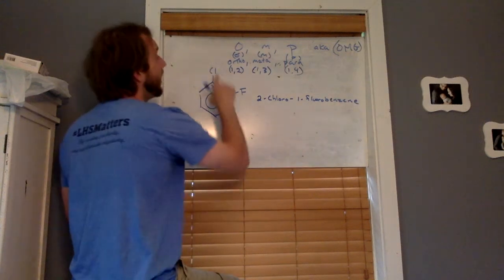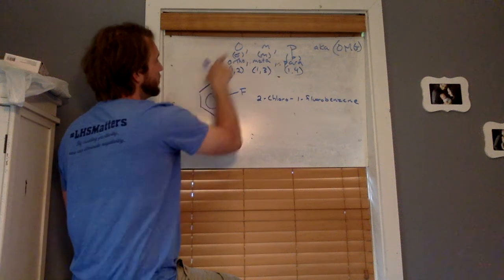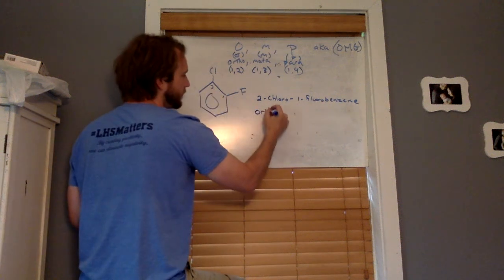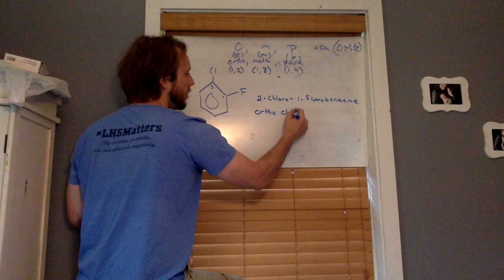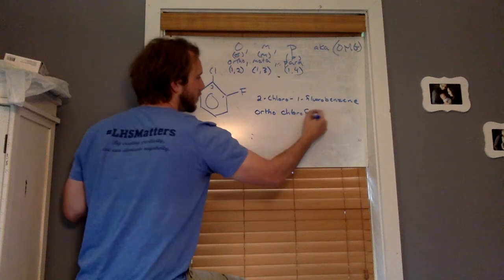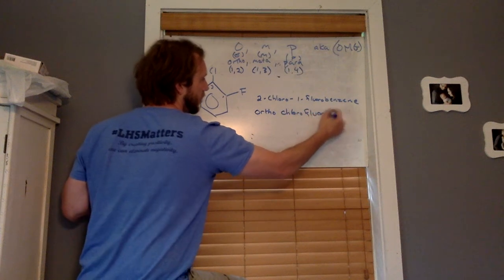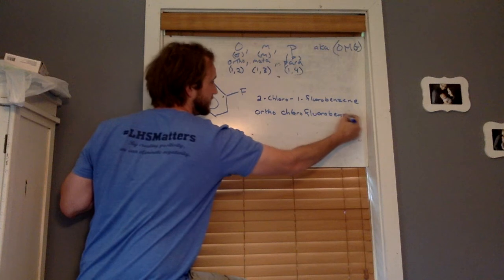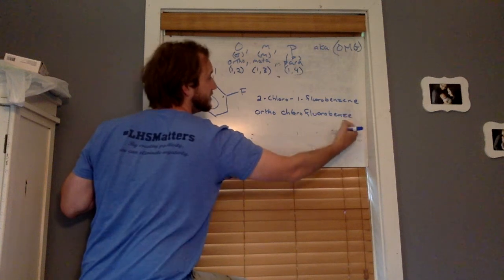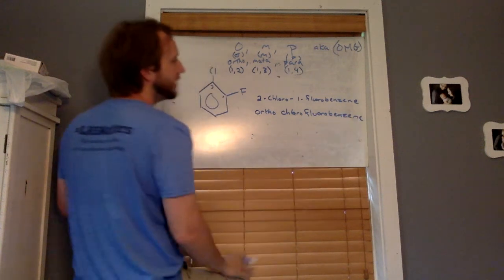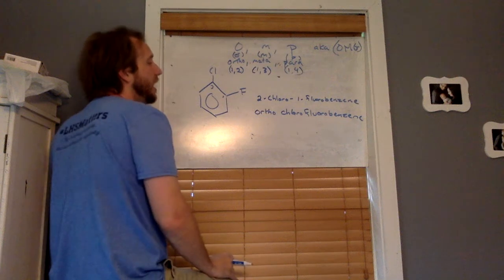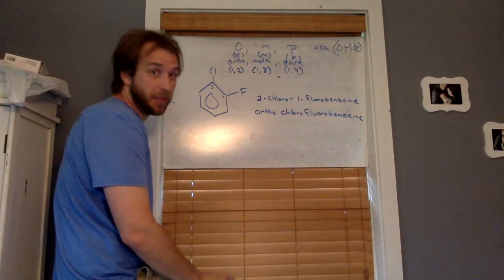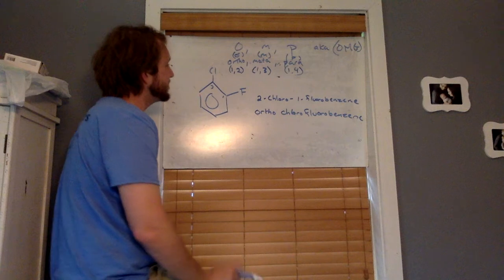Or we could say we've got a 1, 2 position. This would be ortho-chlorofluorobenzene. Both of these would be completely acceptable in terms of our nomenclature systems.